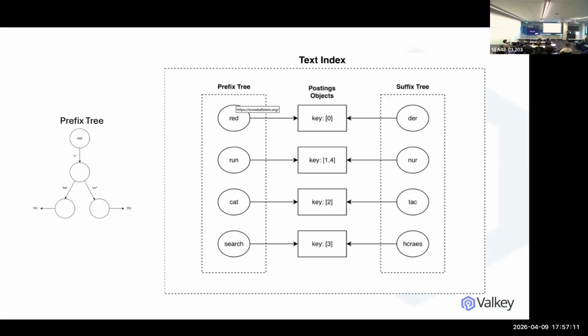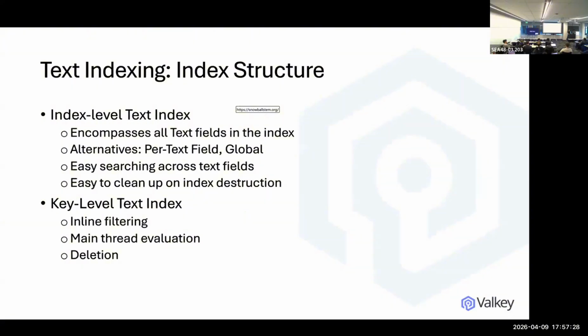What else? Yeah, I guess the suffix tree, we have a suffix tree. That's optional. It's off by default. If you want to do suffix search, you can enable it. It's just going to take a bit more memory for the tree itself, but we point to the same postings object. So overhead should be somewhat limited.